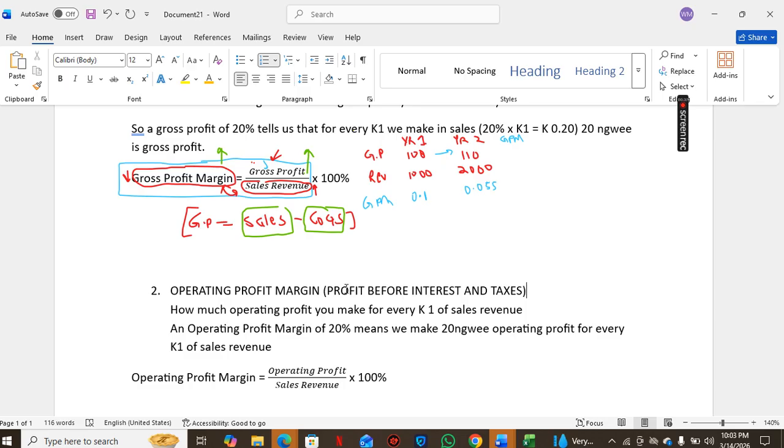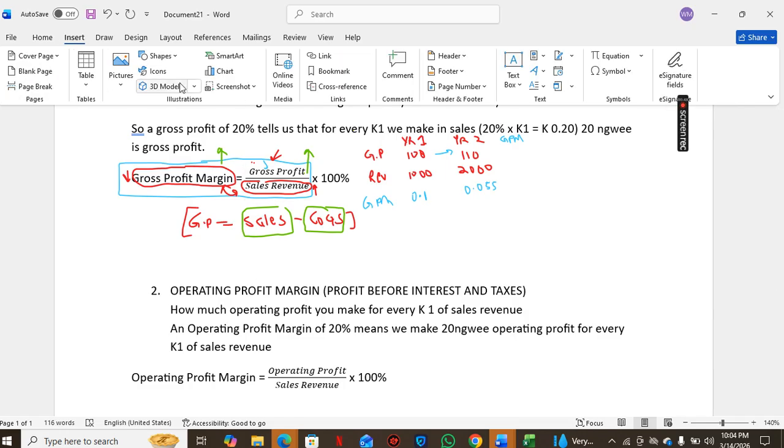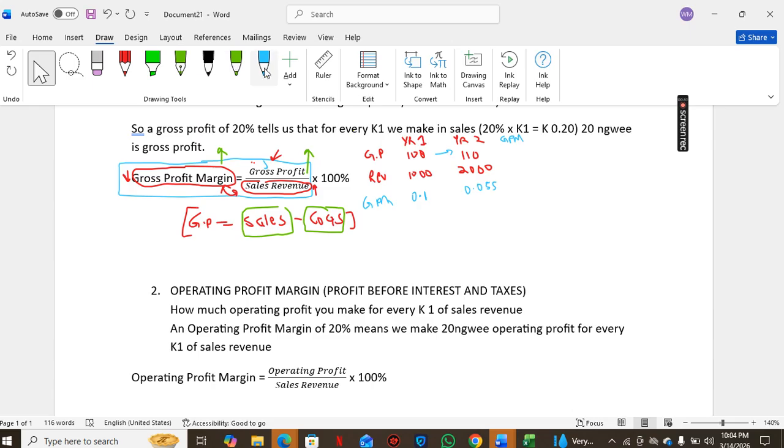Okay. So here the mechanics are the same with the gross profit margin. Okay, as you can see here, if your sales revenue outgrows the operating profit, you have a drop in this ratio.